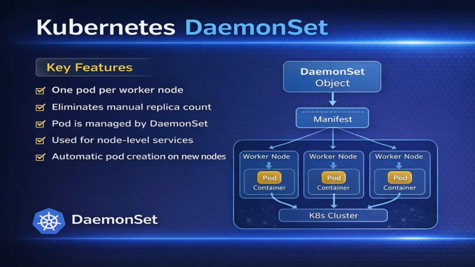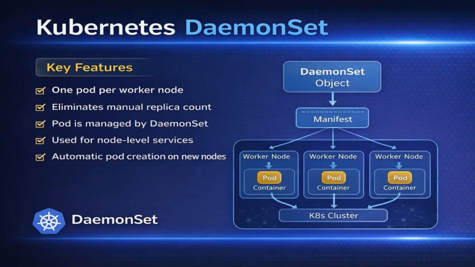There are some applications where the question is not whether the application is stateless or stateful. However, the functionality of the application itself demands that the application must run on every server, every worker node, exactly one copy per server or machine, not more and not less. Let me explain this slowly.